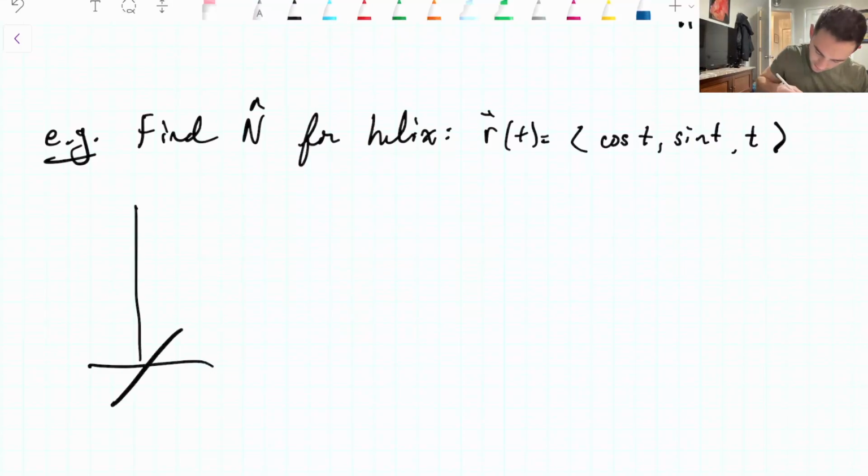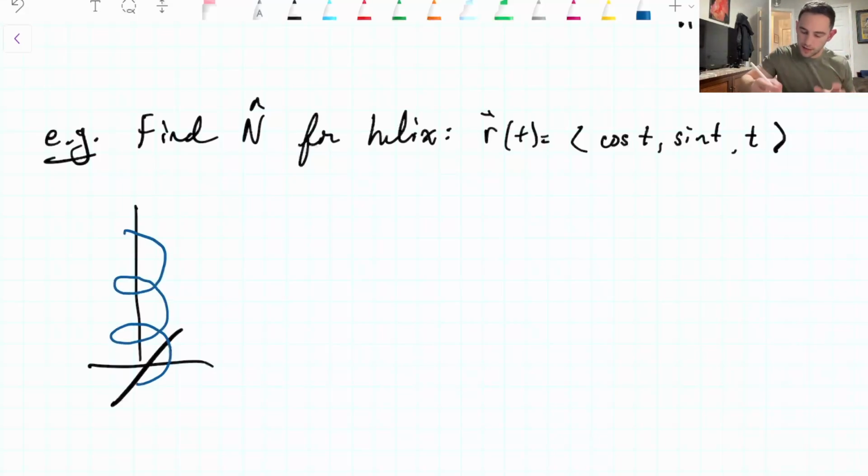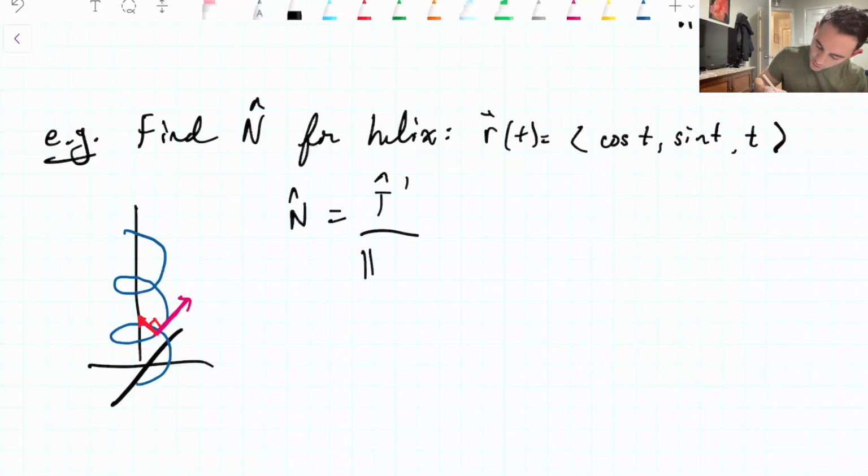So this helix will spiral up the z-axis. We know that at any point the tangent vector is pointing precisely tangent to the curve, and we would like to identify this normal vector pointing perpendicularly to that tangent direction of motion. So of course, it's worth writing again because we're only just meeting this critter, that n hat is the normalization of t hat prime.